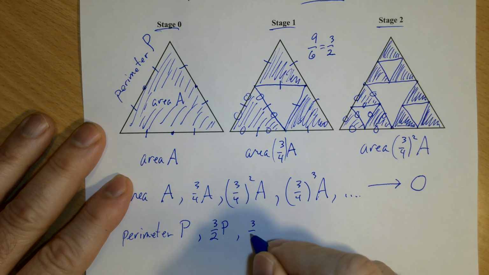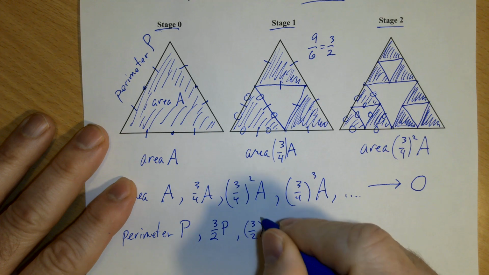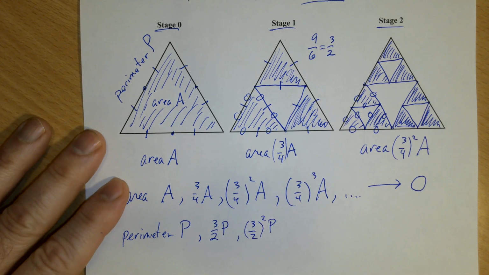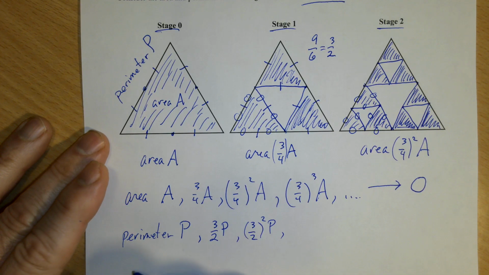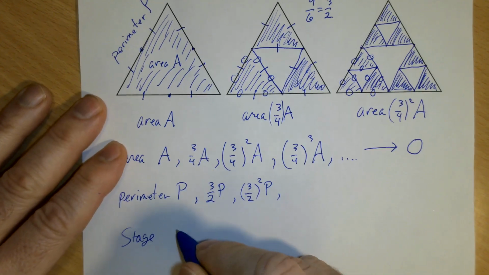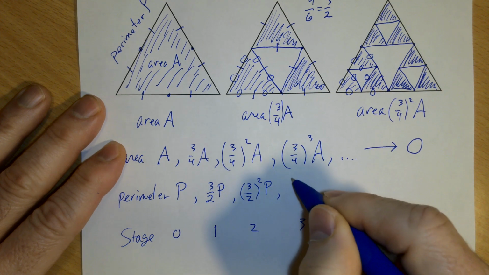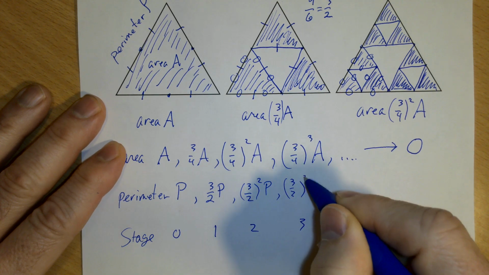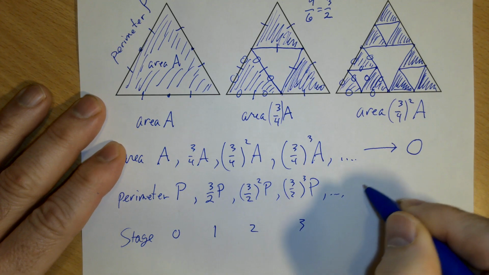So 3/2 times this is going to be 3/2 squared times P. And then, this would be stage 0, 1, 2. Stage 3 would be 3/2 cubed times P. And it goes on forever.